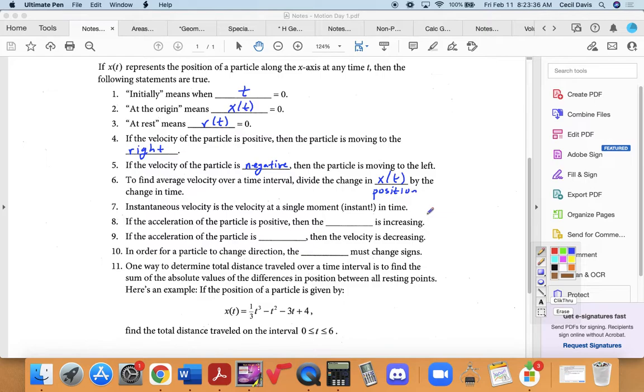If the acceleration of the particle is positive, then what's increasing? The velocity is increasing. And if the acceleration of the particle is negative, then the velocity is decreasing.